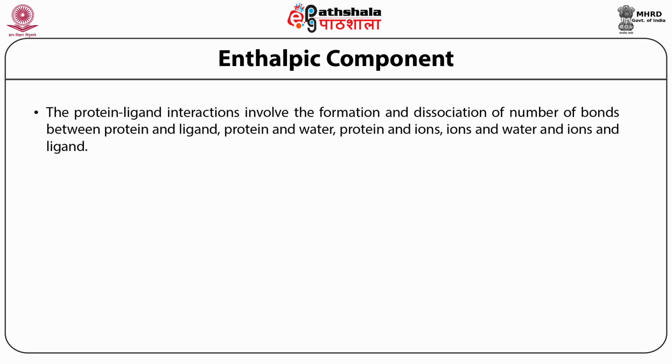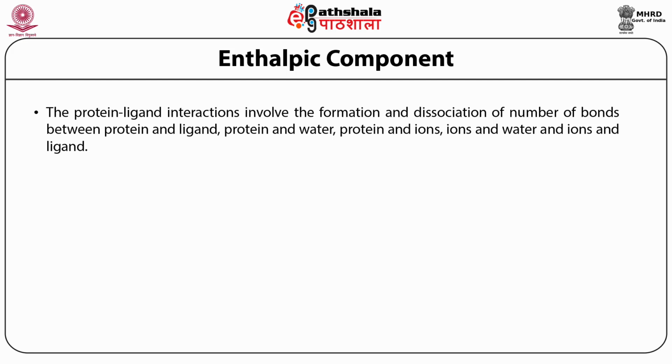It is difficult to figure it out just by looking at how many bonds can be broken and how many can be formed. Whenever a bond is broken, that is an endothermic reaction. So, we need to supply energy to break a bond.